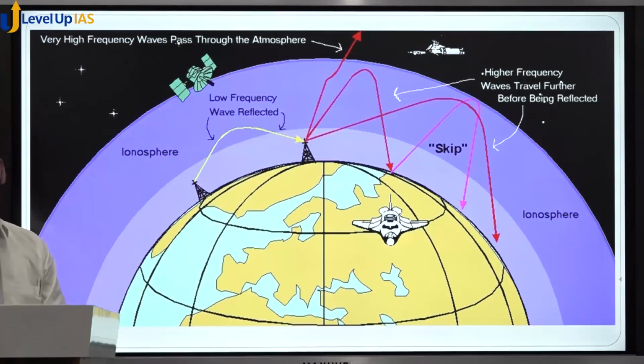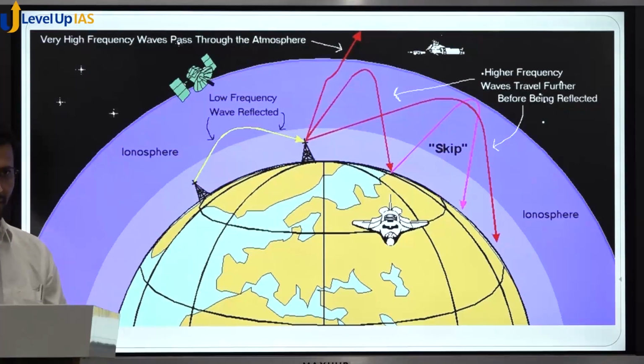Getting it? Because of that, mobile communication and satellite communication are possible in this layer. But shortwave radiations are not generally reflected back. So that's why you can do communication with another planet. But within the planet, if you want to do communication, then this layer is very important because it is reflecting back long wave radiation.